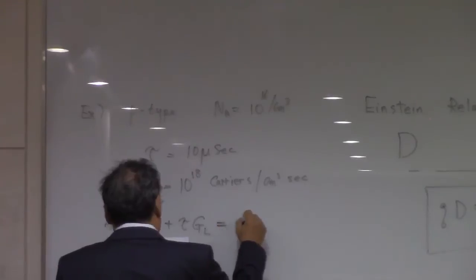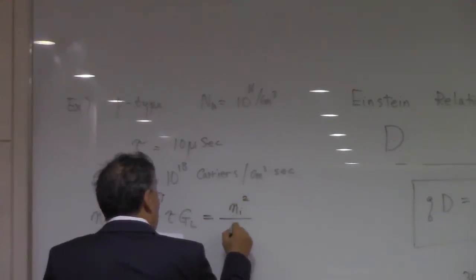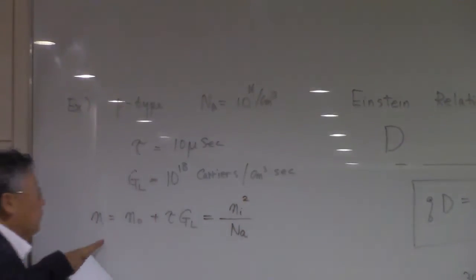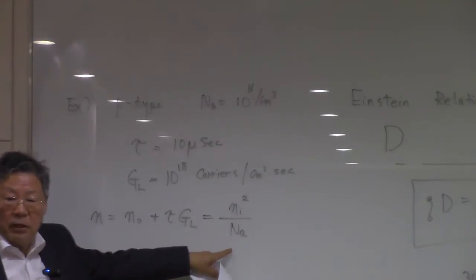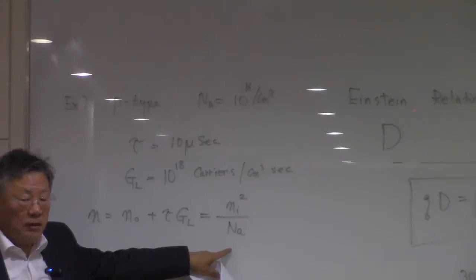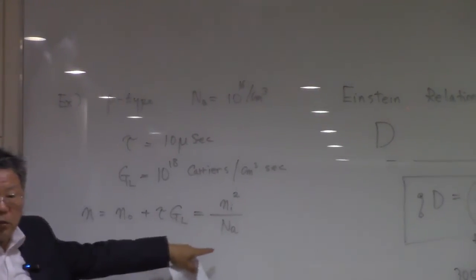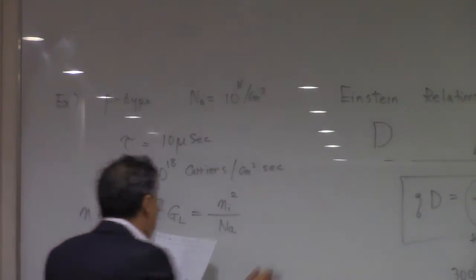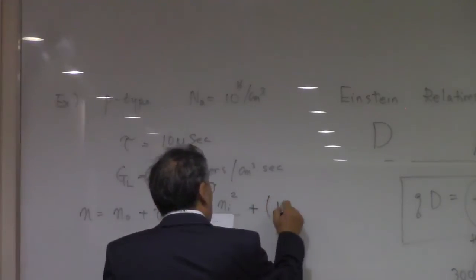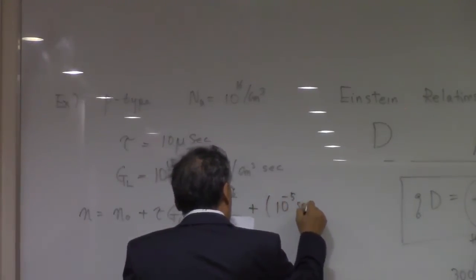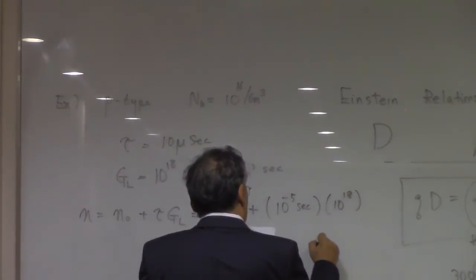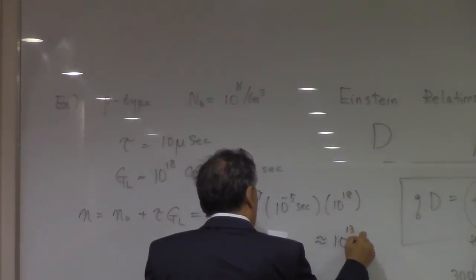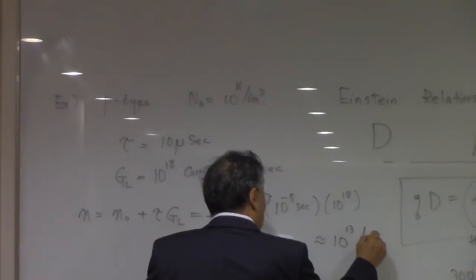And then it's going to be Ni squared over Na, because it's a p-type material and these are minority carriers, so the number of minority carriers in equilibrium can be derived from simple equations, right? And then 10 to the minus 5 seconds, 10 to the 18th, and you end up with 10 to the 13 per cubic centimeter.